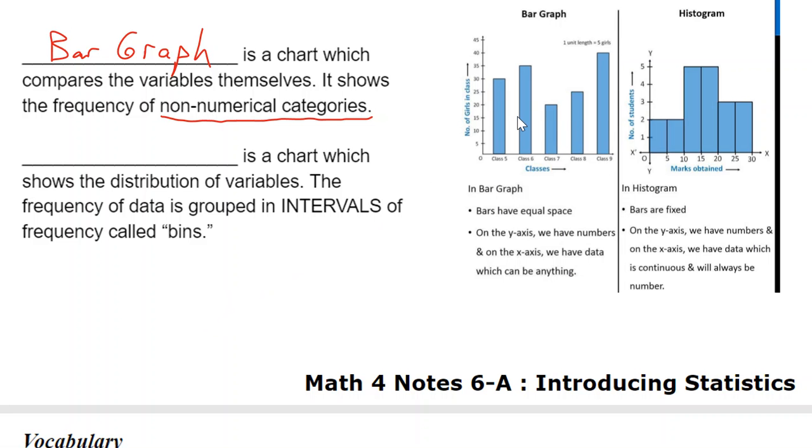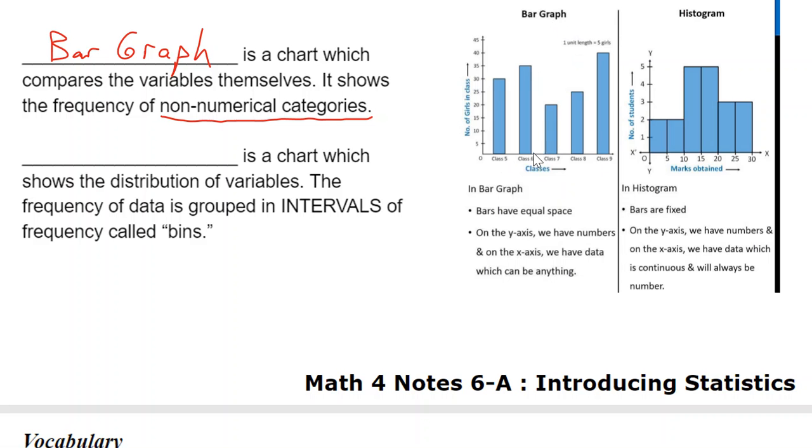This would also be the kind of bar graph where you would report things like how many people have blue eyes, how many people have brown eyes. This is where you would create a graph like that, because the categories at the bottom are not numbers; they're things. They're non-numerical categories. That's what makes a bar graph a bar graph.